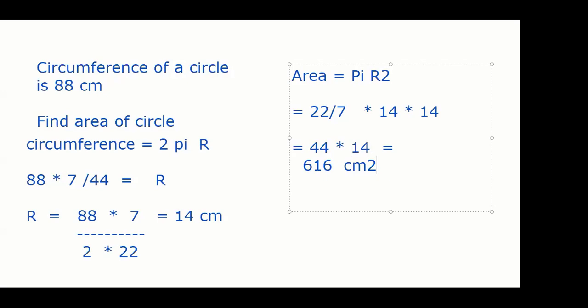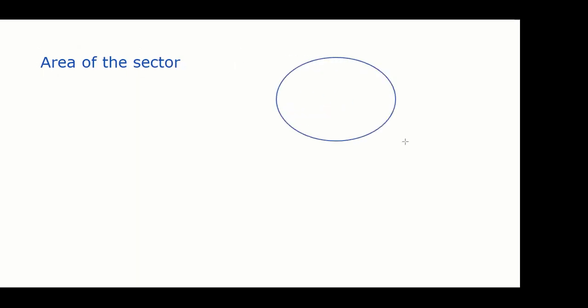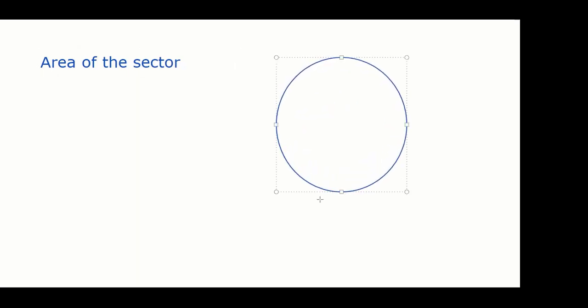Correct? Now we will calculate how to calculate the area of the sector. So again, it's a very beautiful thing. If you imagine circle, all easy. This is a circle, and suppose I put this is center. Again, you don't have to mug the formula, guys.